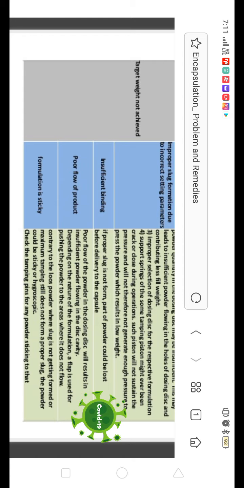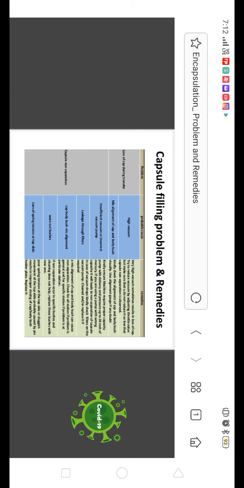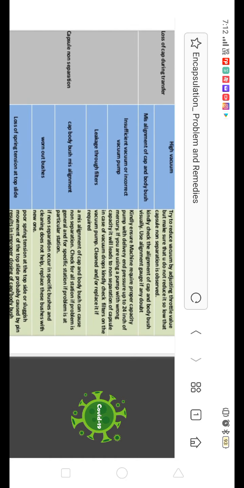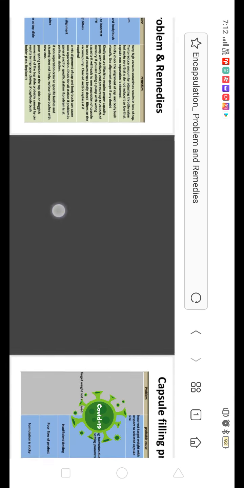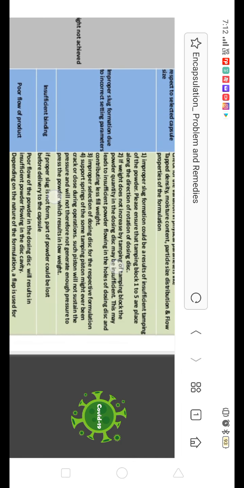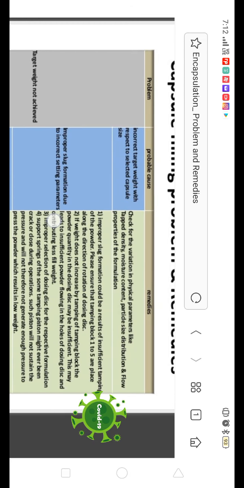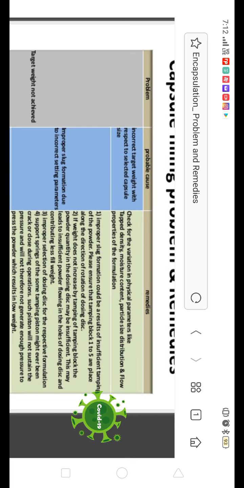Then we have to reduce the stickiness by addition of some ingredient, or check that the tamping pins work properly, and otherwise improve the property of the material. So these are the problems related to the weight not being gained, and incorrect selection of capsule size also.